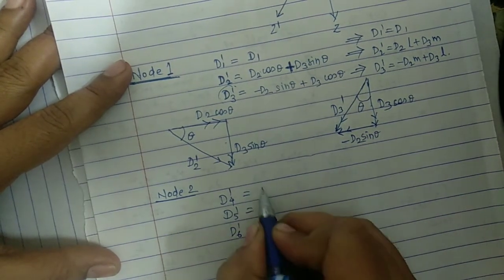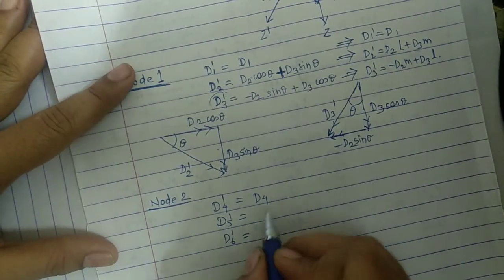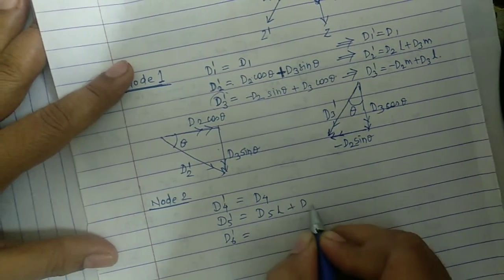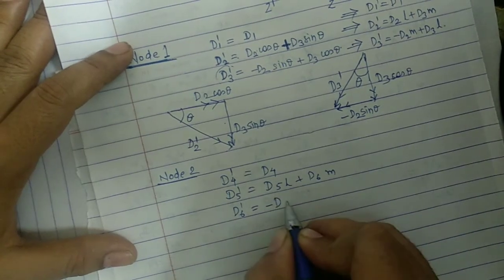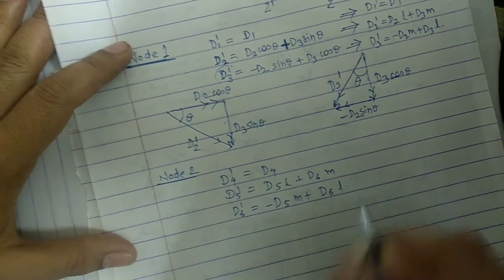So d4 dash is equal to d4, then d5 dash is d5L plus d6M, and d6 dash is minus d5M plus d6L.